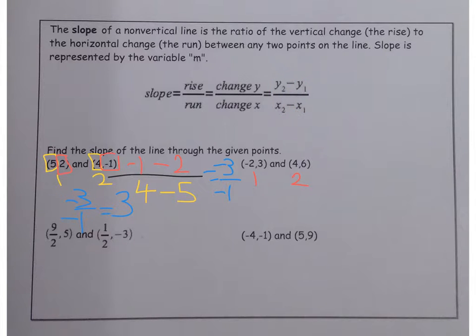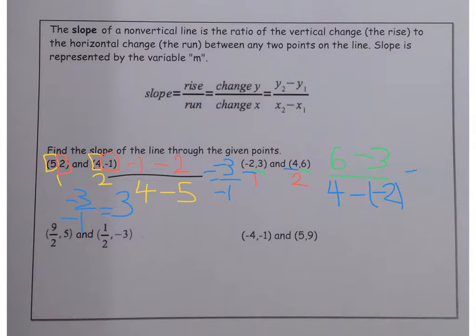So when I plug them in, I'm going to plug in y2 up on top, and then minus y1, so that's going to be -3. And then on the other side, I'm going to do x2 minus x1.